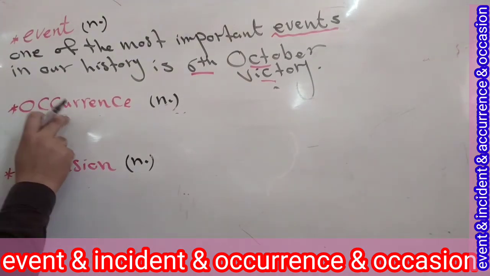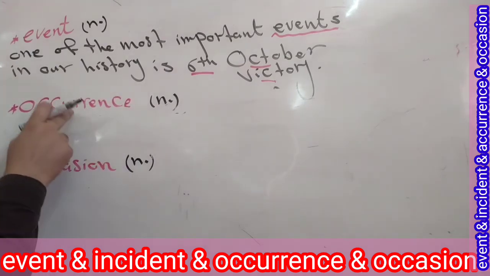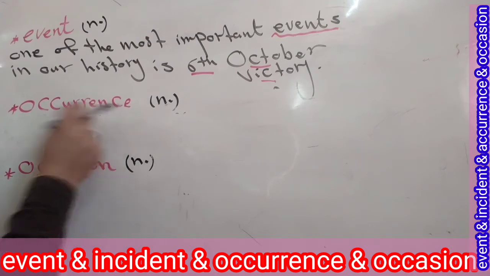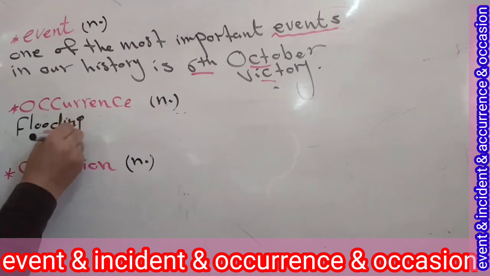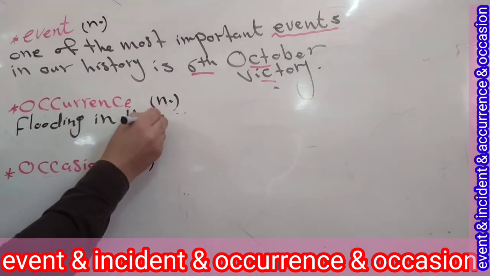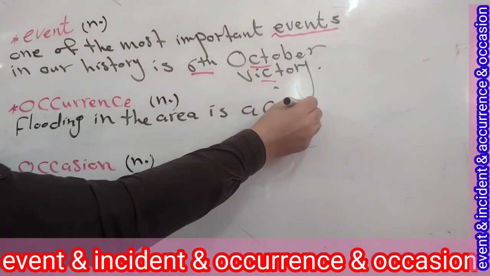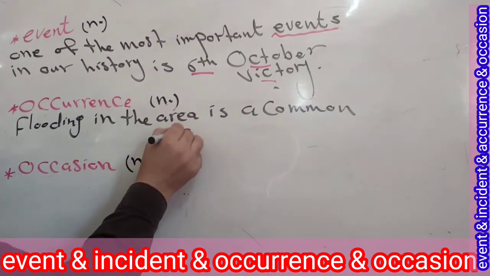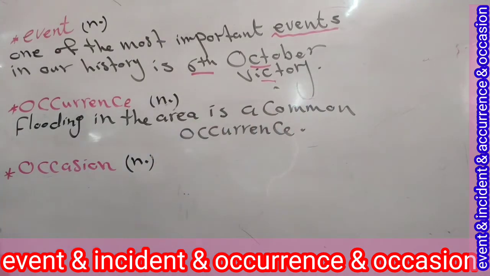Occurrence. Occurrence is something that happens, used especially when saying how often something happens. For example, when we say flooding in the area is a common occurrence. Occasion. Occasion means an important social event or celebration.